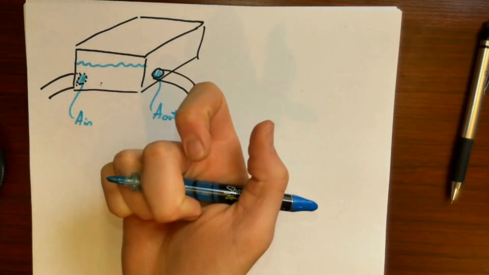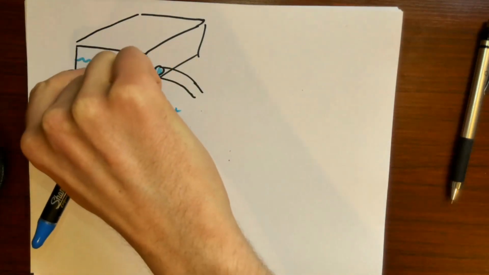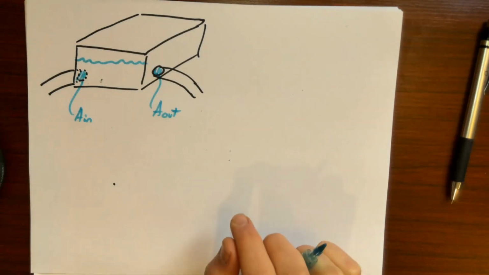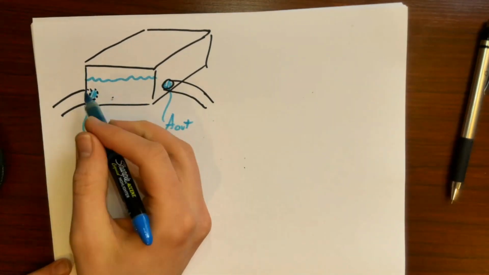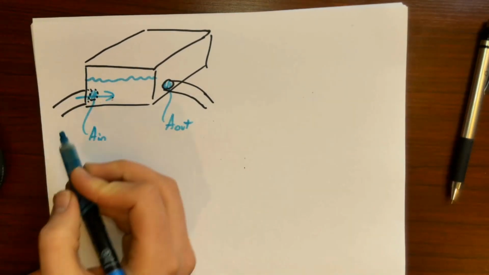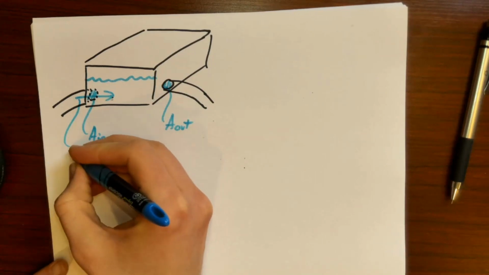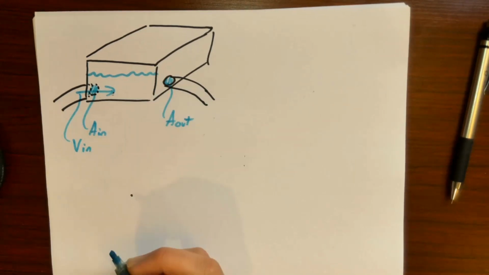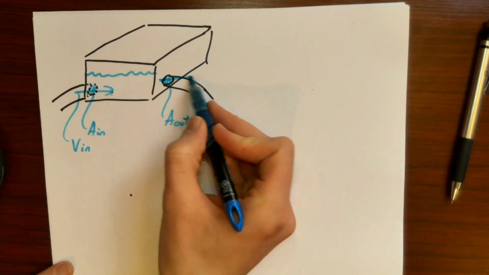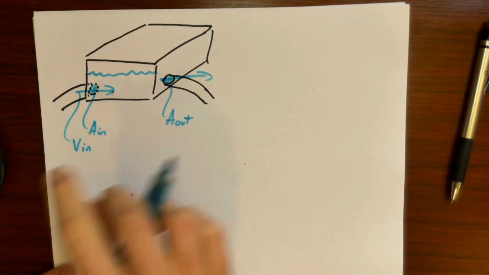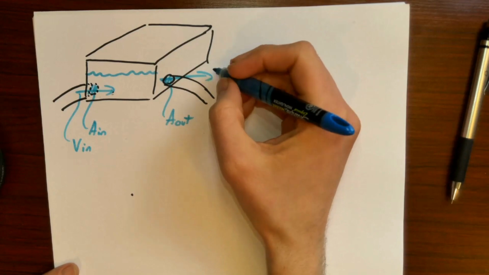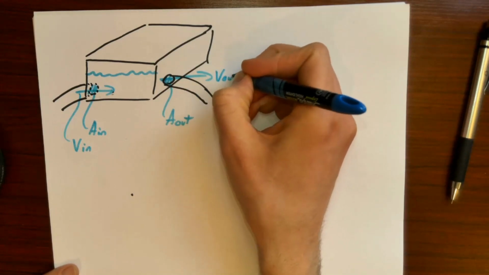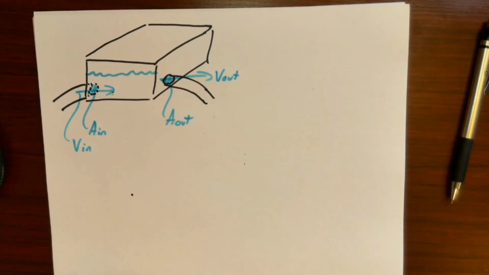I could take a pair of calipers, measure the diameter, and do all that. And let's say we had some pump pumping fluid in through the inlet with some known velocity, V in, and another flow regulator or pump pumping fluid out at some known V out.